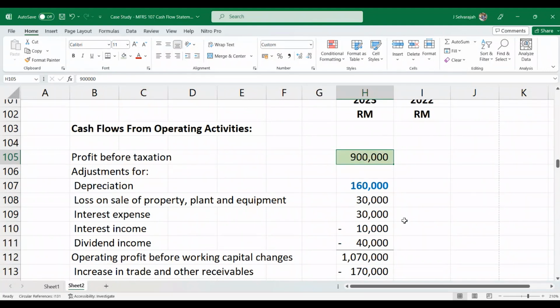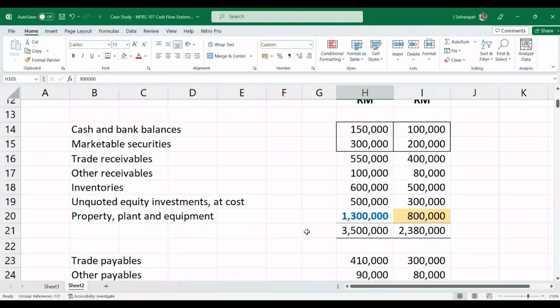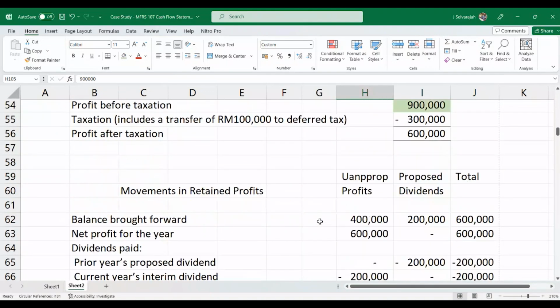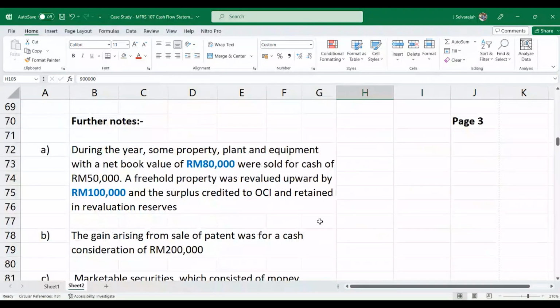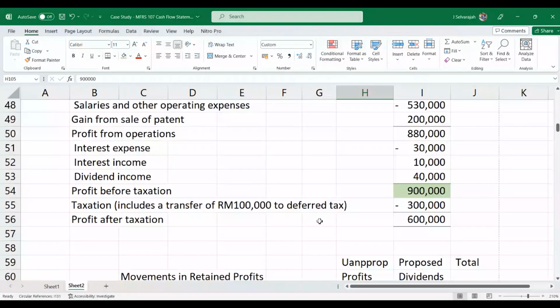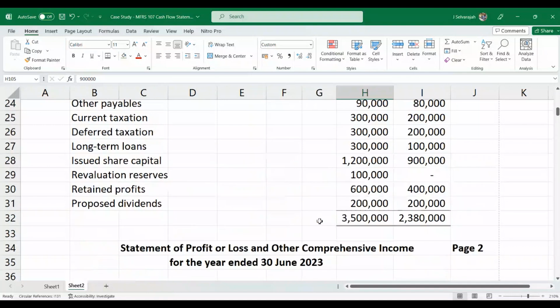Then we have adjustment for depreciation, non-cash item. Take out the non-cash item. So 160,000 is the depreciation, which was given somewhere on the profit and loss, I believe. Where is that? Sorry, I'm moving up and down to check where the figure is.